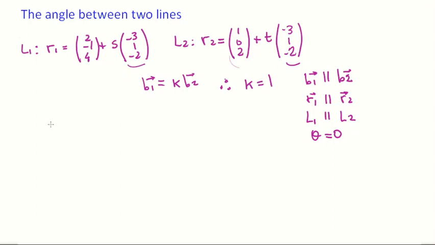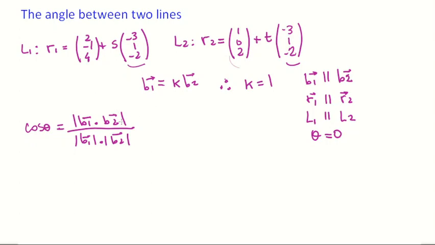Now, you don't have to trust me. You could use the equation that we have seen before: the absolute value of the dot product between the two direction vectors over the magnitude of the first vector times the magnitude of the second direction vector.